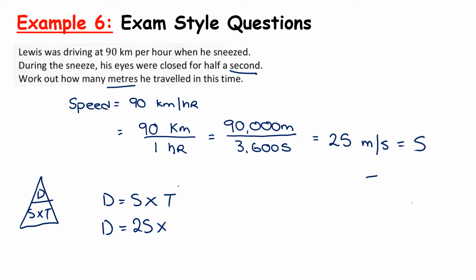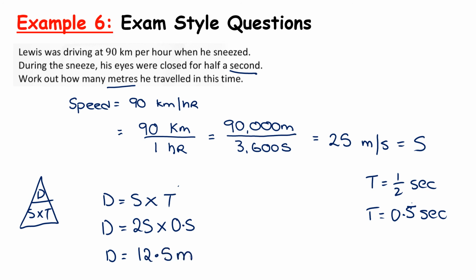And my time was half a second. It can help to use decimal just from a calculator point of view. I'm not a big decimal fan, but if it's a nice easy decimal like that and you can put it into your calculator, absolutely perfect. So 0.5. So the distance he travels while he sneezes is 12.5 meters.